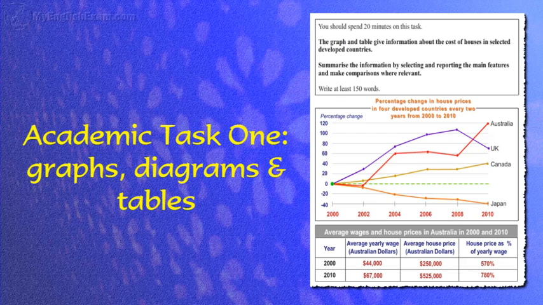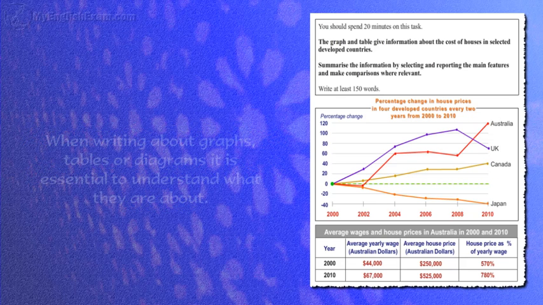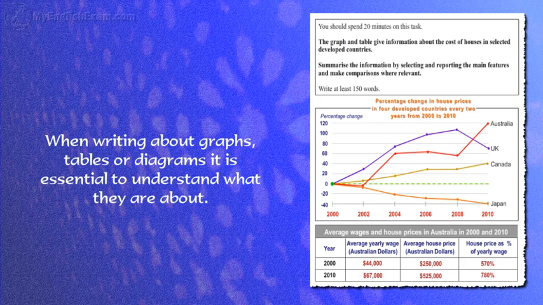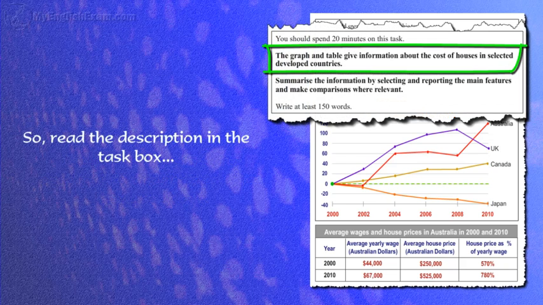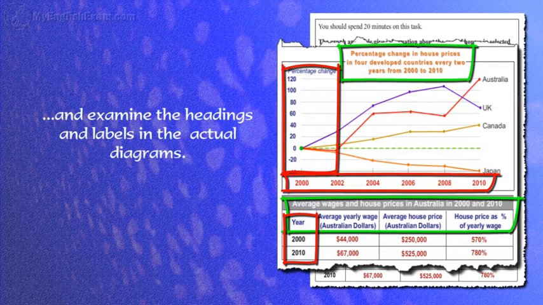Academic Task 1. Graphs, diagrams and tables. When writing about graphs, tables or diagrams, it is essential to understand what they are about. So read the description in the task box and examine the headings and labels in the actual diagrams.